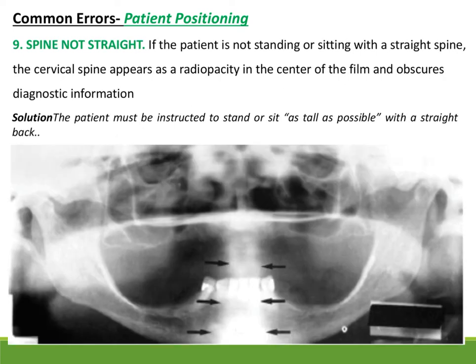Spine, that means the cervical vertebrae not straight. The problem with cervical vertebrae not straight is that it's going to cast a shadow in the midline region. Because the machine turns around the patient, the image of the cervical vertebrae will fall in the midline of the patient in the radiograph.